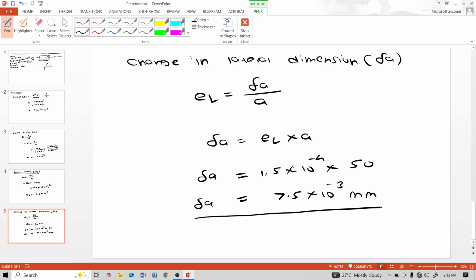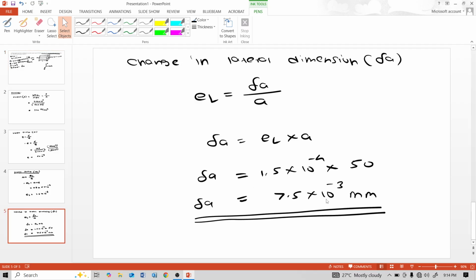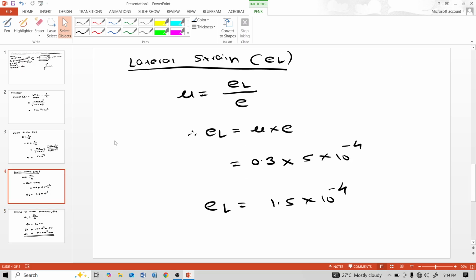A very small change in lateral dimension is seen. The original lateral dimension of this rectangular steel bar is 50 mm, and after the axial tensile force of 250 kilonewton acts, a very small change in lateral dimension is seen, and lateral strain is 1.5 into 10 raised to minus 4.